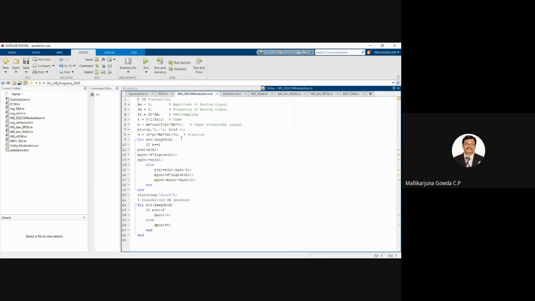Yes, is there any question to ask here? In the first slide itself, I have written the condition, AM should be greater than or equal to delta divided by 2 pi FM into TS. So from that I can get the value of delta. That expression I have written here, that is the expression for delta, the step size.